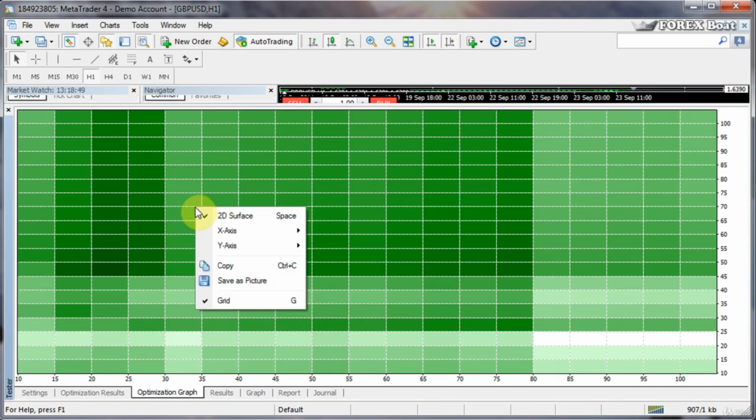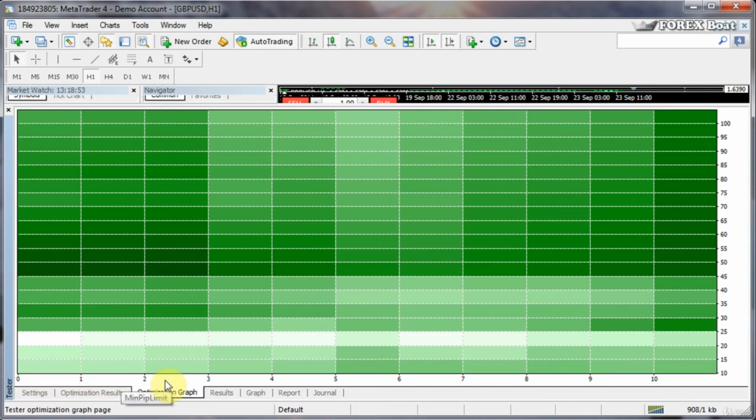Let's change the x-axis from take profit to min pip limit. Now on the bottom we have the pip limit, and on the y-axis we have the stop loss. So that allows us to analyze those two parameters against each other, to contrast them without having to worry about the take profit. The take profit is taken into account automatically by the tester. It only looks at the best take profit for any combination of the pip limit and the stop loss.